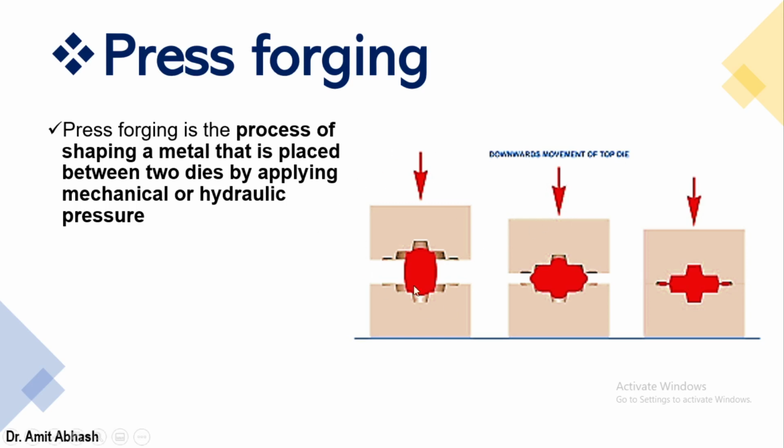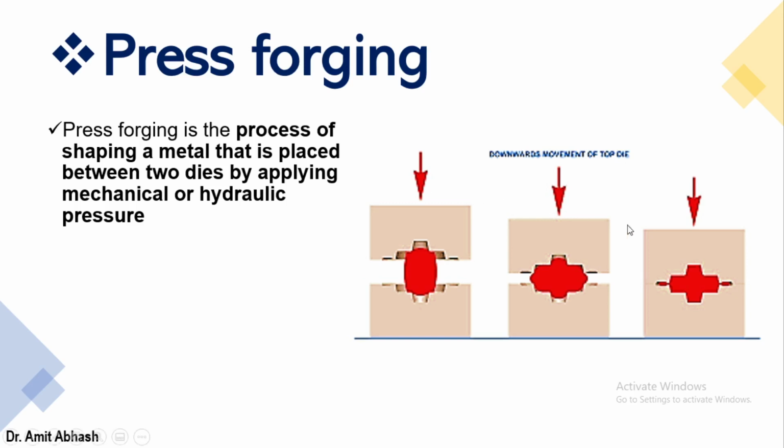As we can see here, this is the upper portion of the die and this is the lower portion of the die, and we are applying a compressive type of loading from here, and this die is continuously moving in the downward direction as we increase the magnitude of the force or pressure applied, and the final shape is produced here. Some extra amount of material is added as an allowance to ensure the complete filling of the cavity of the die.